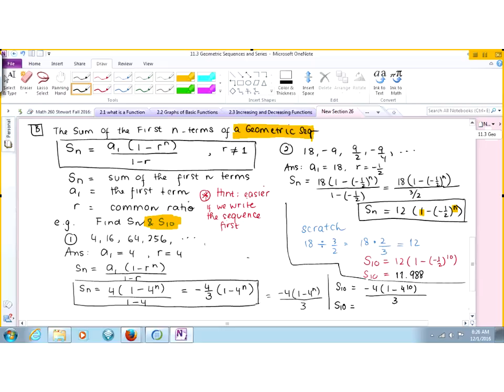Let's see what this is. -4 multiplied by, open parentheses, 1 minus 4 raised to the 10, divided by 3. So, 1,398,100. Yes.